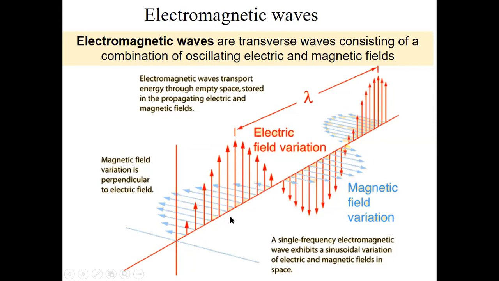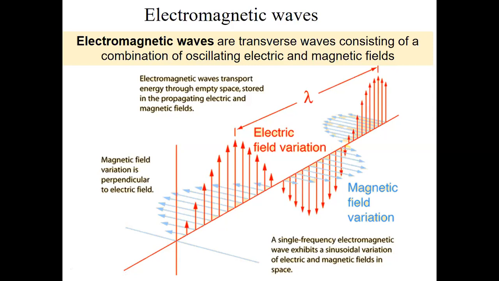The electric field oscillates perpendicular to the wave propagation, and the magnetic field, denoted by blue arrows, oscillates perpendicular to the electric field and also to the wave propagation. So these three things are perpendicular to each other: the wave propagation direction, the electric field vibration direction, and the magnetic field vibration direction.